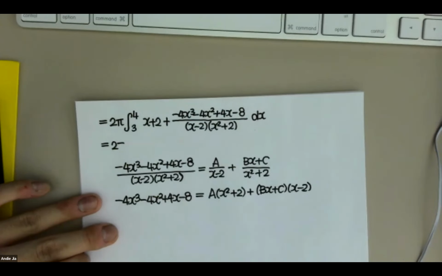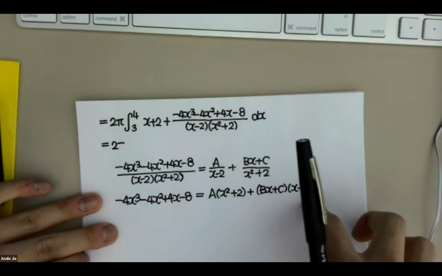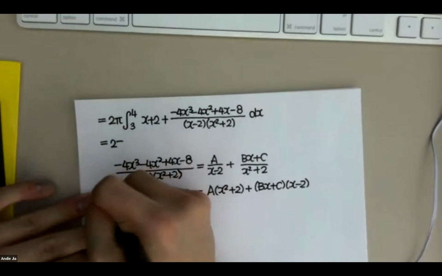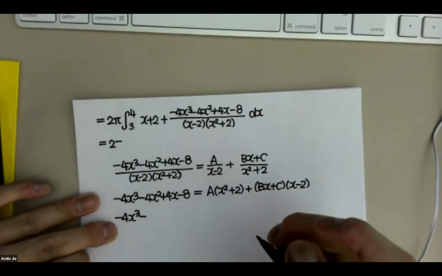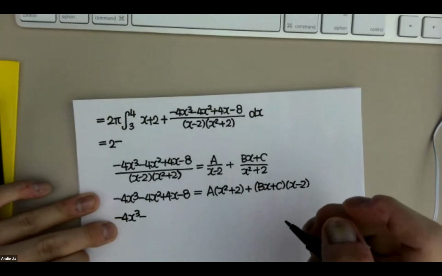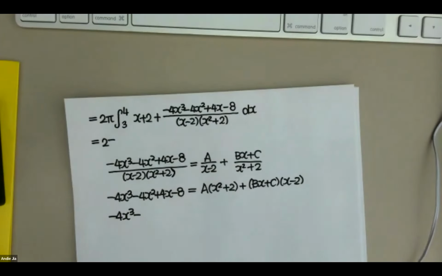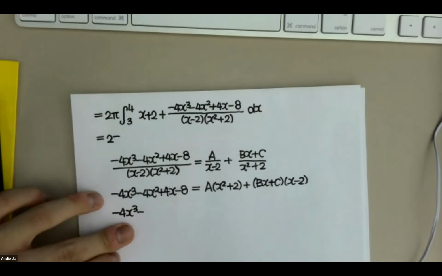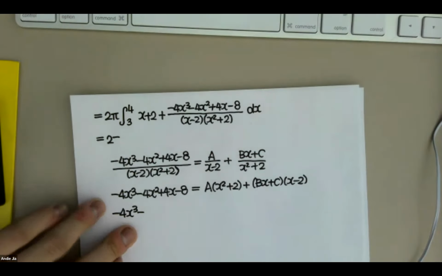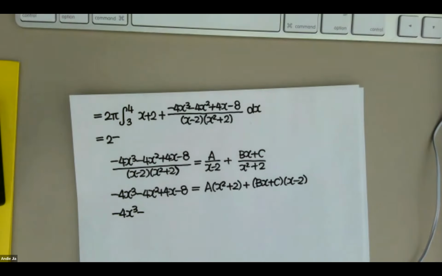Now we just expand the whole thing, so we get Ax, negative 4x squared minus... oh yeah. Wait, I think your mistake is correct because there's no x cubed term here.